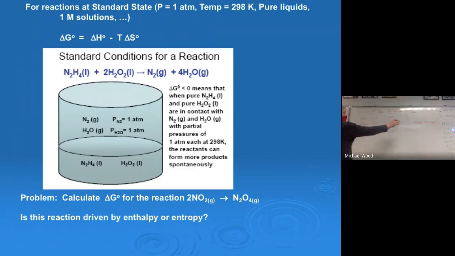The product is N2O4, so I've got 1 mole times 10 kilojoules per mole. So I have one product, and then reactants, I have 2 moles, those are the 2, times 34 kilojoules per mole. If I look at this again, moles cancel out.